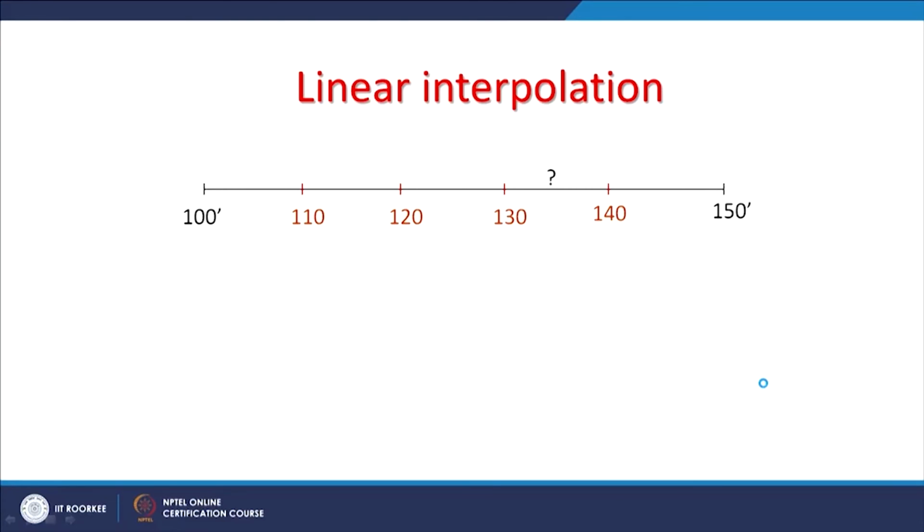If I take the linear example, a very simple example, say I have 100 feet here, 150 feet here, and there are markings. So, if exactly between 130 and 140 feet I want to know the value at this point, it is very easy to predict, because based on this linear distribution of values, I can predict that it should be 135. But only if things are linear, having a linear relationship.